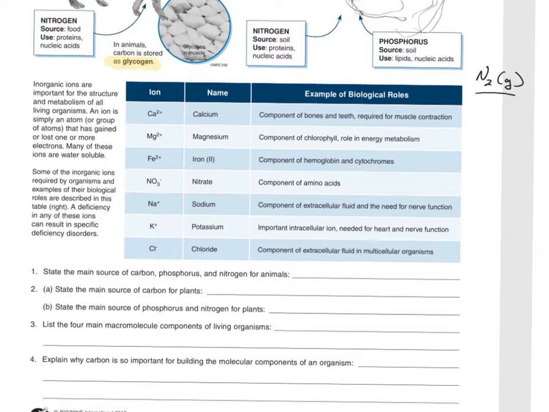You will find almost all of these in your vitamin pill. Calcium, magnesium, iron, sodium, potassium, chloride. Sodium chloride you eat all the time. You call it table salt. Potassium, you'll find a lot of those in root vegetables. Bananas, a lot of potassium in bananas.